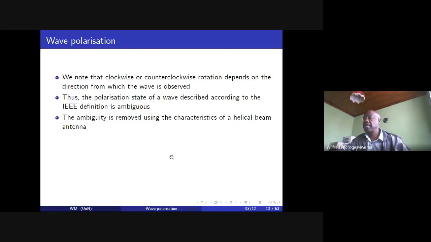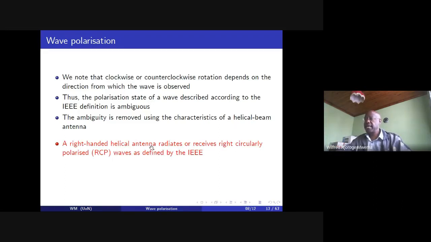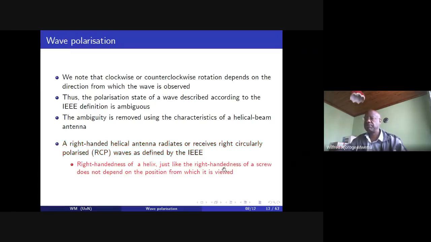And therefore, we'll see that a right-handed helical antenna will only radiate and receive right circularly polarized waves, as defined by the IEEE. The left-handed helical antenna will radiate and receive only left circularly polarized waves. And therefore, we can always remove that kind of ambiguity in the state of polarization of the wave.